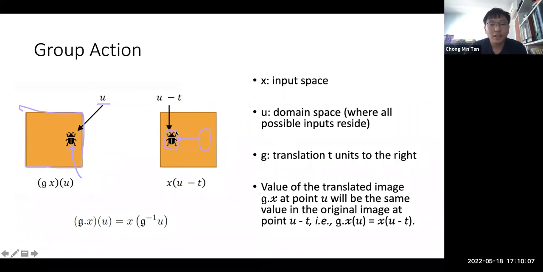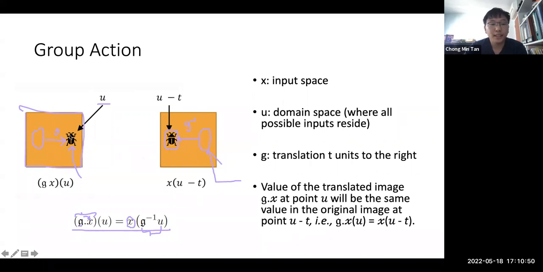There's this particular property for group action. If you apply a particular operation G to your X, your input space, and do a translation, so initially the input is here and I translate to the right, it's the same as taking my initial input and undoing the transformation in the transformation domain. So this is G inverse. If I undo the original transformation, every time I want to look here, it maps to this place here.